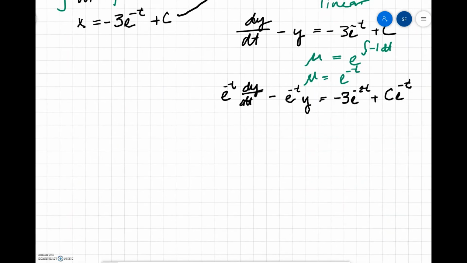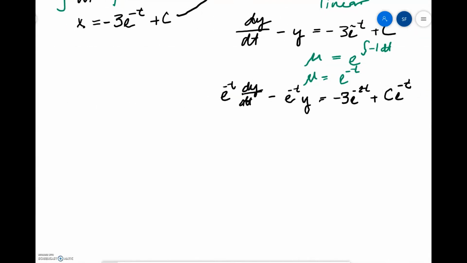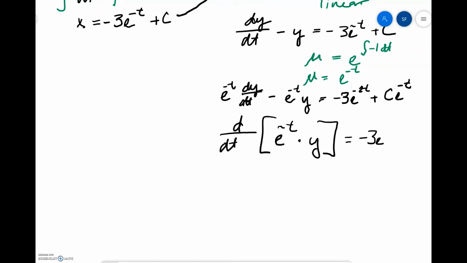Remember, we're doing linear, so this side is a product rule. What would our product rule be? It would be e to the negative t times y. This other side stays the same.